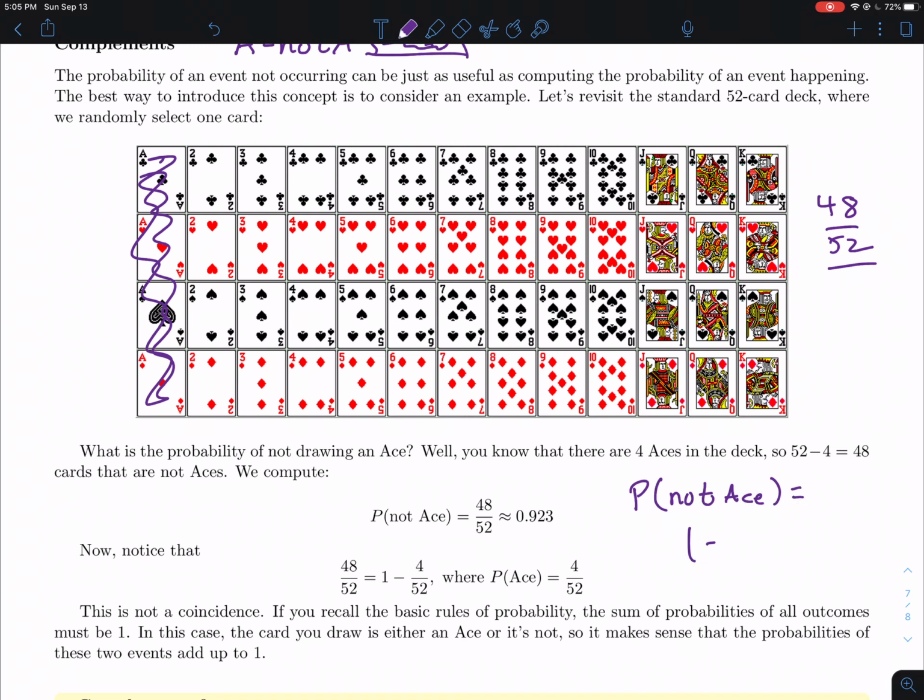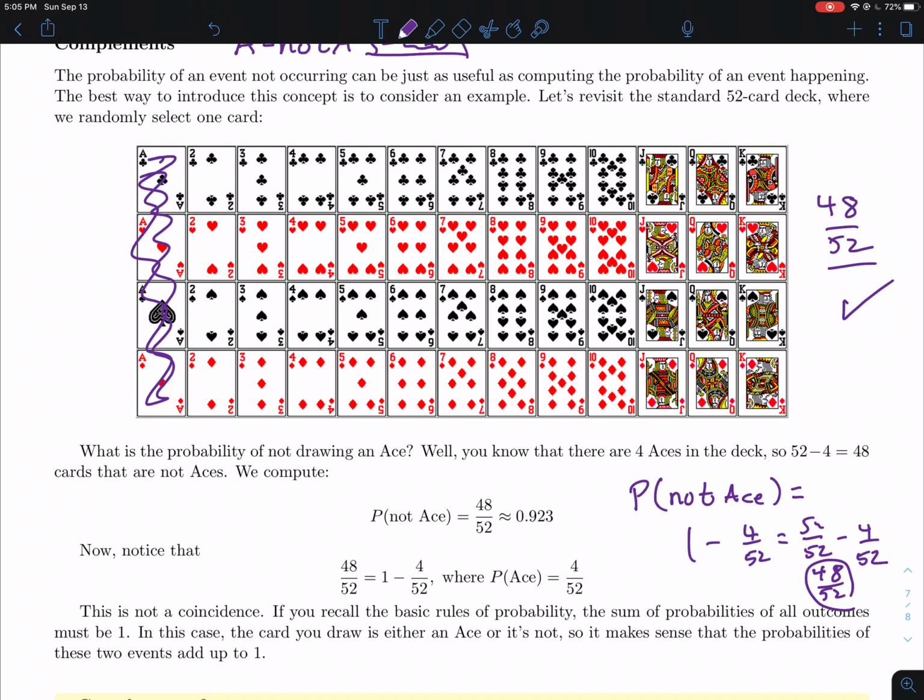I know the probability of an ace is 4 over 52. So I can do 52 over 52 minus 4 over 52, which gives me 48 over 52. So I got the same thing either way.